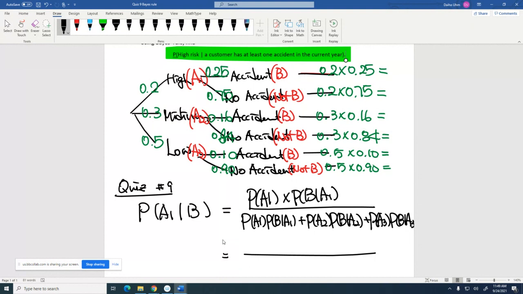It's good, right? And the second probability, the B given A1. How much is B given A1?